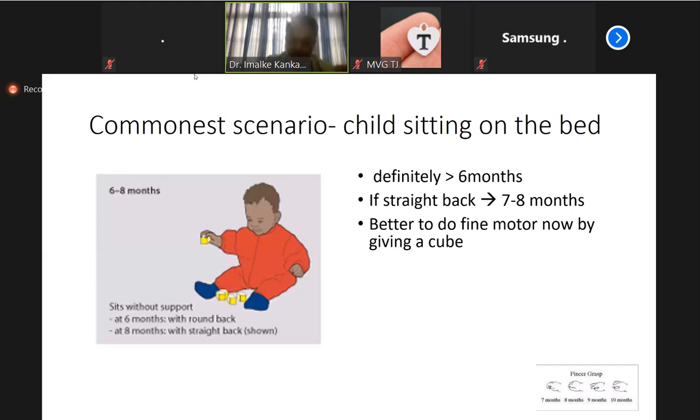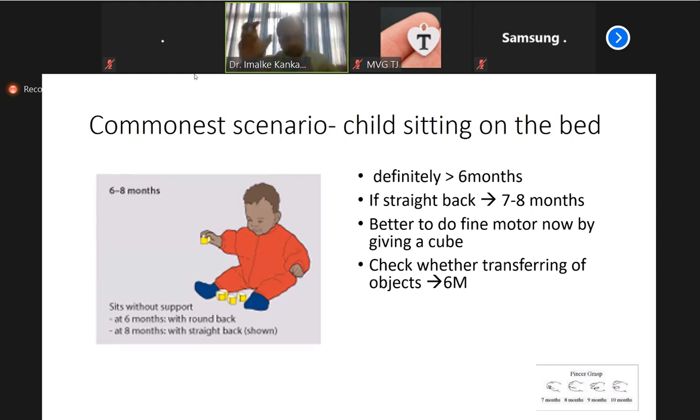Now what you have to do is, you give a cube. If the child is reaching for that cube, you know fine motor development is more than 4 months. If the child could grab that cube, okay, you know the child's development age is now 6 months. If the child is transferring that cube into the other hand, okay, you know 6 months plus.